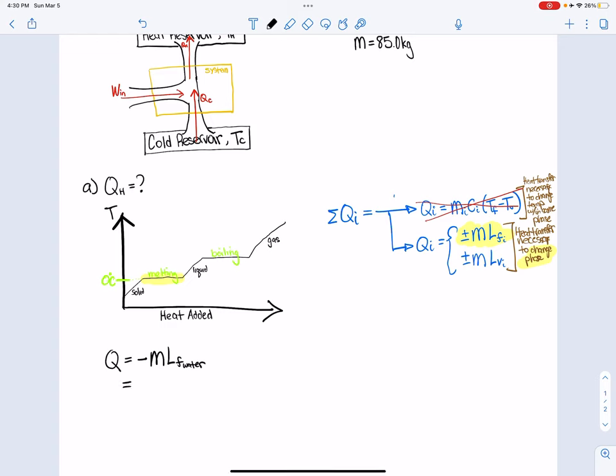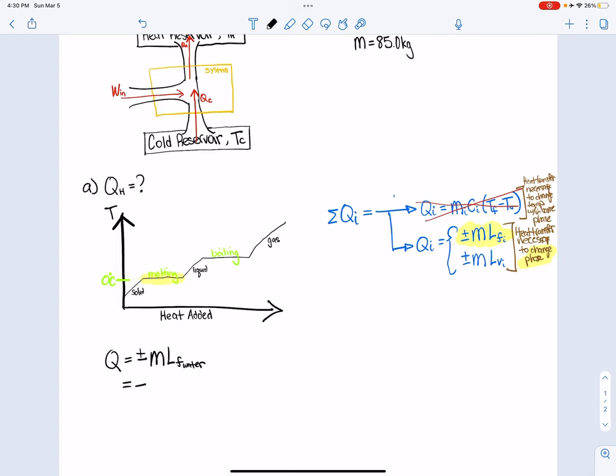Again, that was plus or minus, and I explained why: since we're going from 0 degrees Celsius water to 0 degrees Celsius ice, we would use negative, because heat is going to leave our system. We're going to go down in temperature, so we need to lose heat, or we're going from liquid to solid, right?